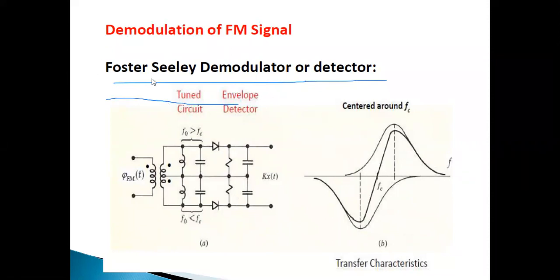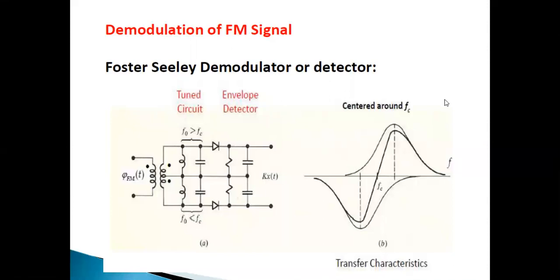In frequency modulation, this is represented as a Foster Seeley discriminator, so that it is easy to detect the FM signal into the message signal.